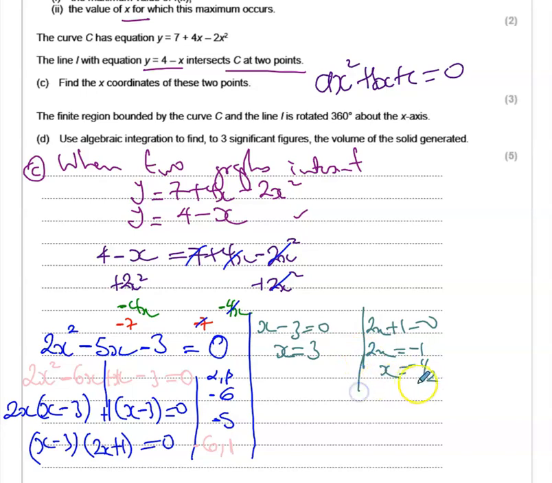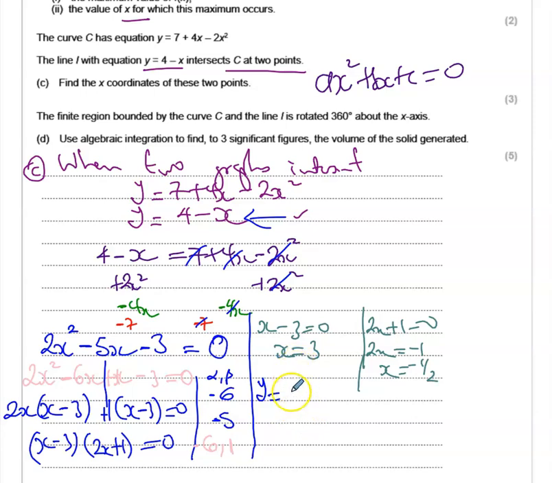So now we have the x coordinates of the points where the two graphs intersect. We now need to find the corresponding y value at each point. I will be using the linear function because that's easier. You could also use the quadratic, it doesn't matter, you should arrive at the same answer.